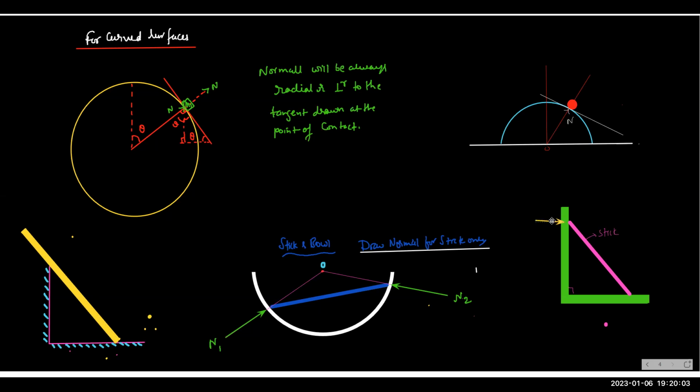The normal will act normal to the surface which you can see. You cannot see the surface of the rod or the stick, but you can see the surface of the floor or the wall, and that's why you have to draw the normal to the visible surface. Whichever surface you can see, draw the normal to that surface. So this is definitely the correct diagram.